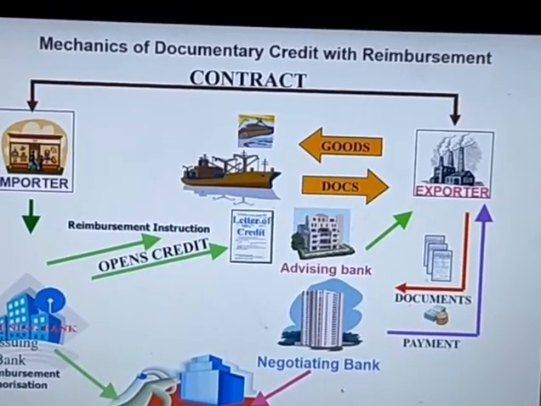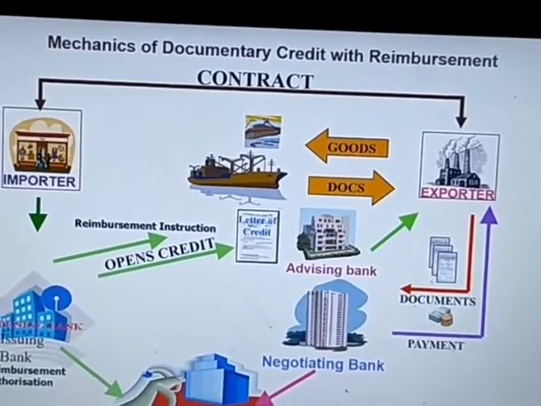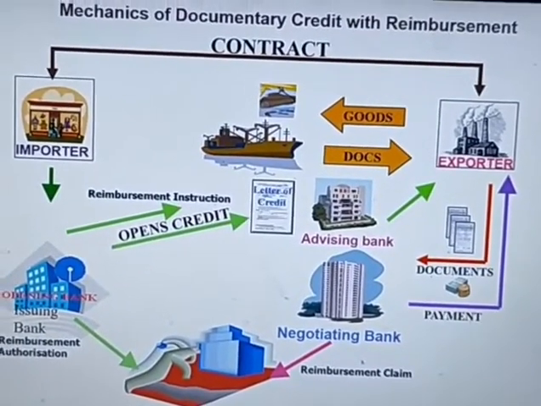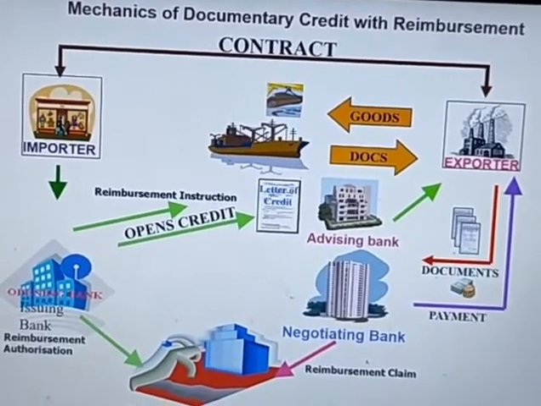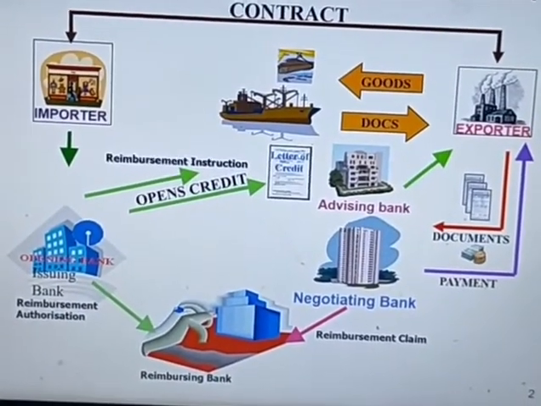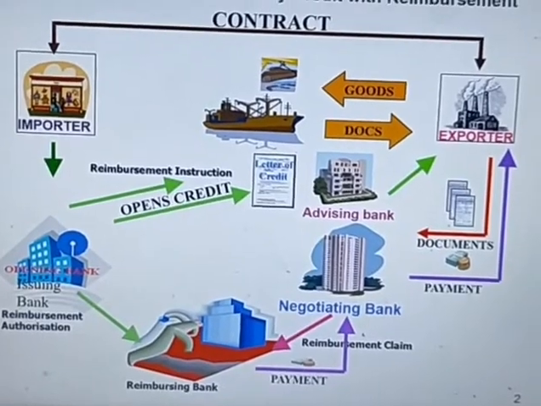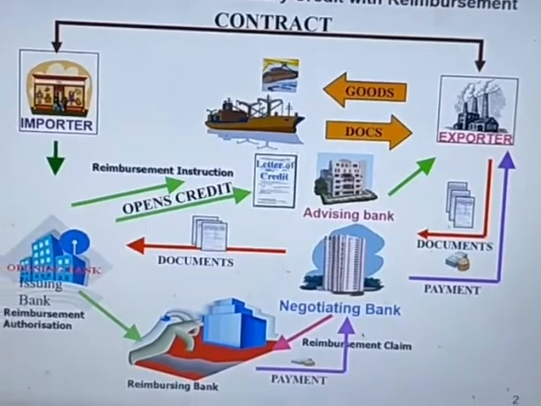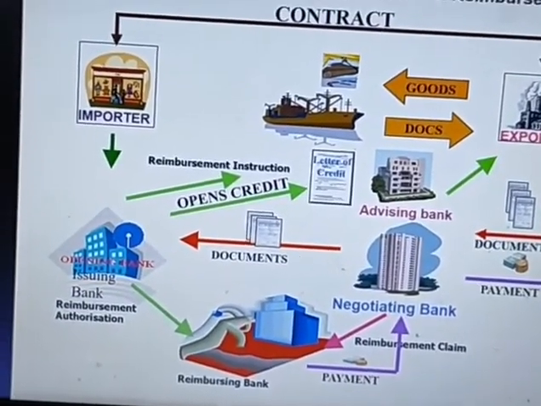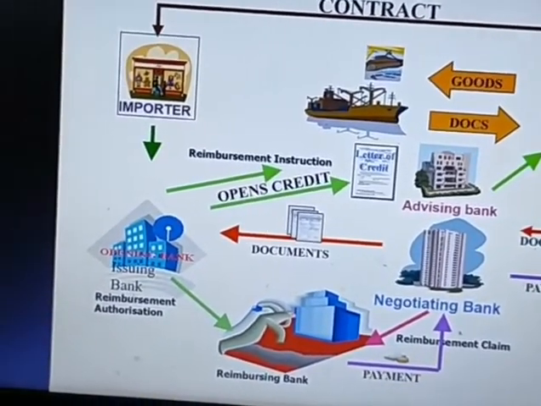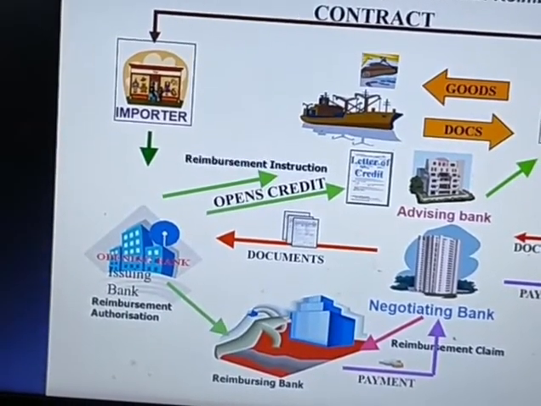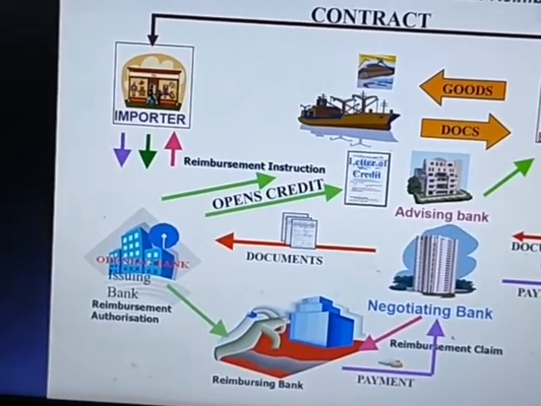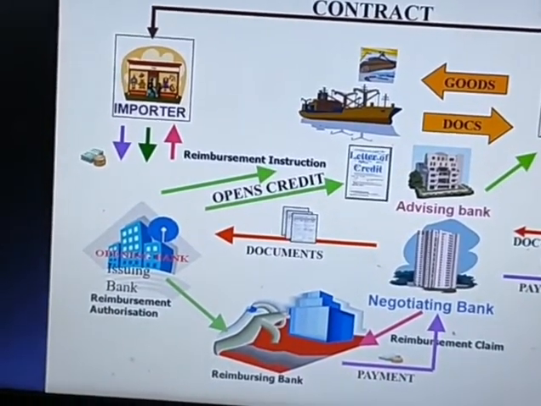Then on the basis of the LC and all these things, the negotiating bank will take the amount from the reimbursing bank by reimbursement claim. Please see it. Then the payment will be made to the negotiating bank. Then the negotiating bank will send the documents to the issuing bank or opening bank, and the opening bank will ask the importer to make the payment.